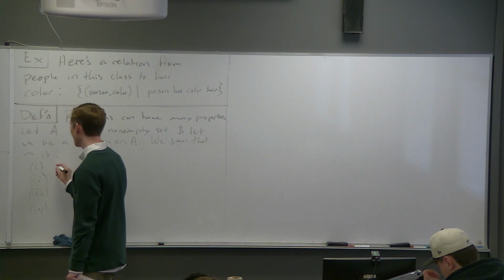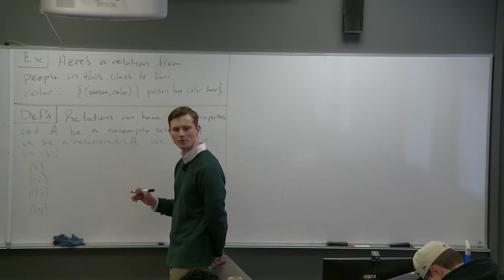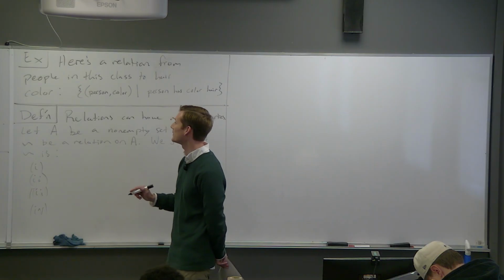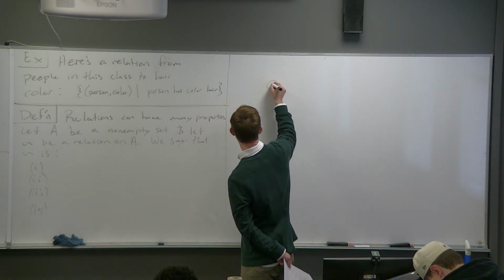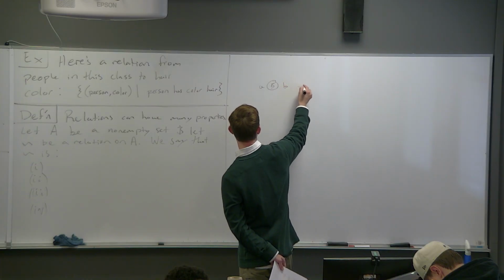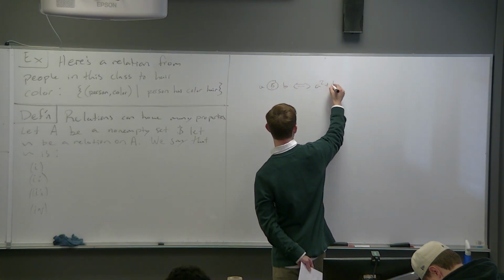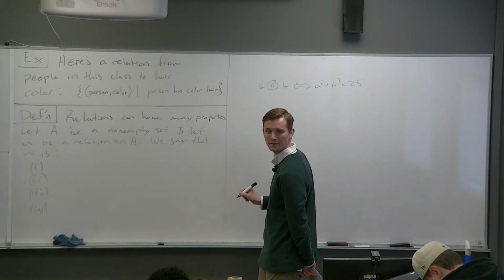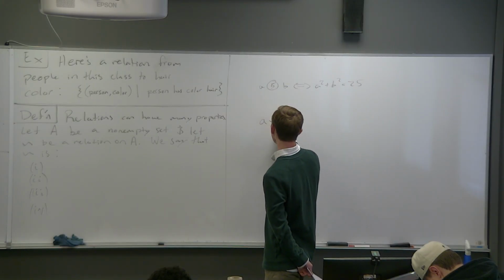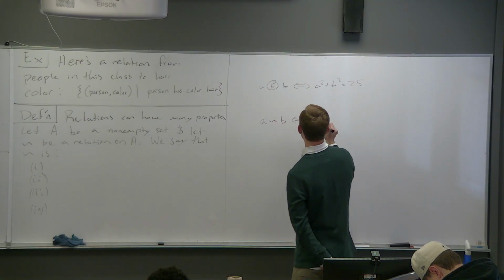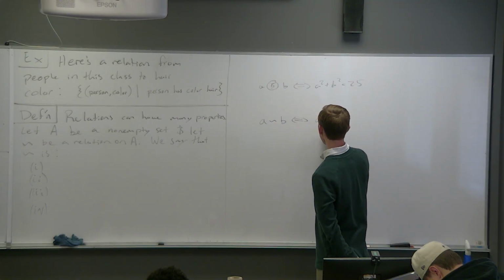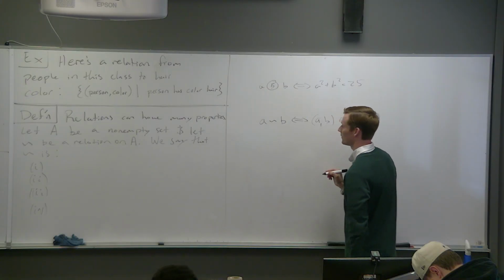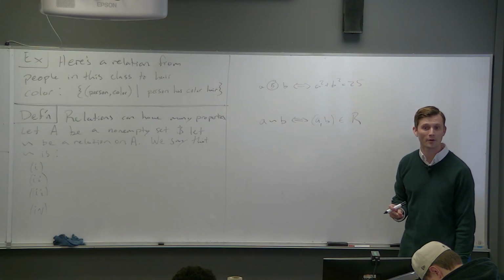So you could say that this relation is, and does everyone get what I mean by like little squiggle is a relation? In the same way we wrote circle 5 between A and B to mean A squared plus B squared equals 25, you could take any relation and write A little sim B to mean that (A,B) belongs to the set R describing your relation.